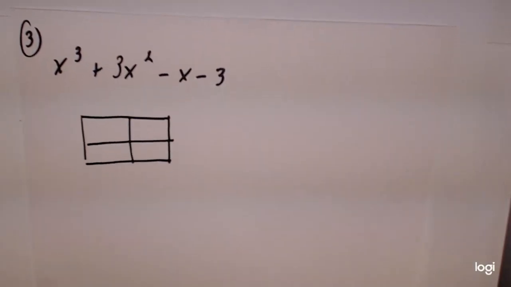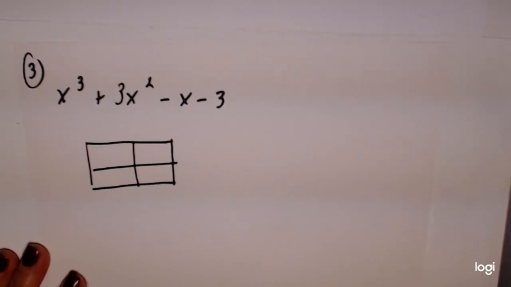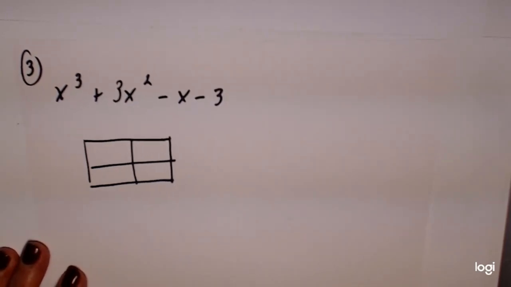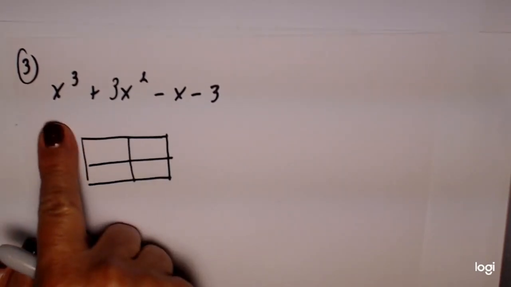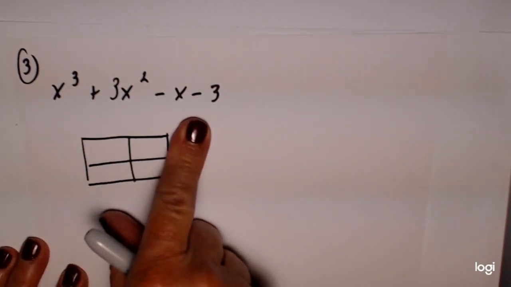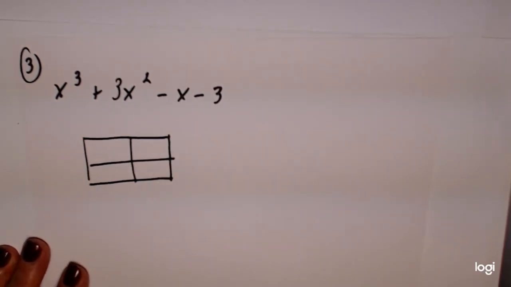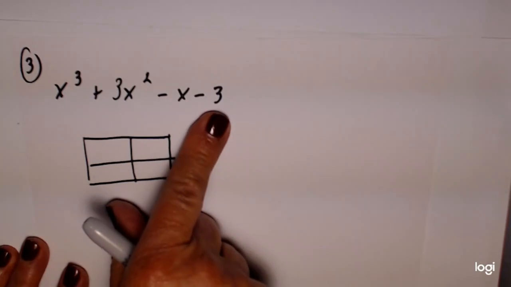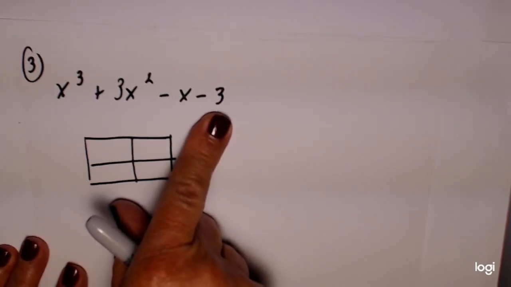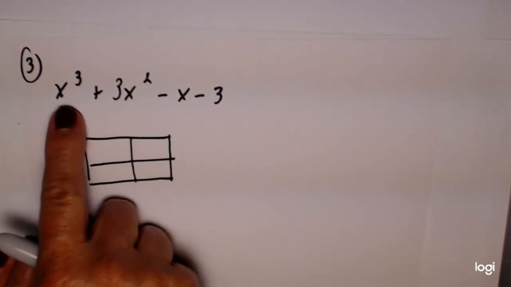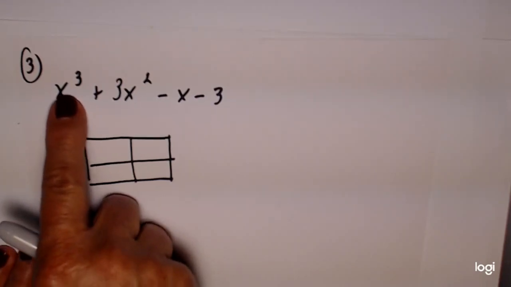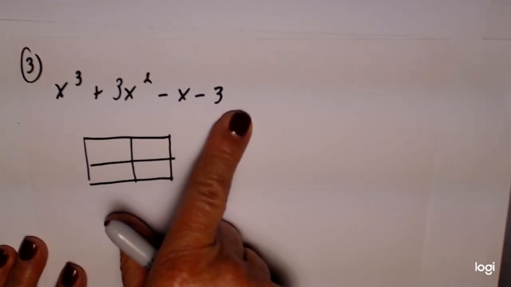Last example I want to do, we haven't done this one in terms of solving the inequality, but I want to take a look at it for factoring purposes. We have this polynomial here. Now if we look, 1, 2, 3, 4, we have 4 terms, and let's see if anything can be combined to make it 3 terms, x cubed, x squared, x, a constant.